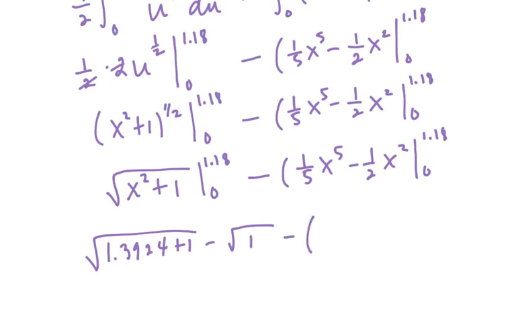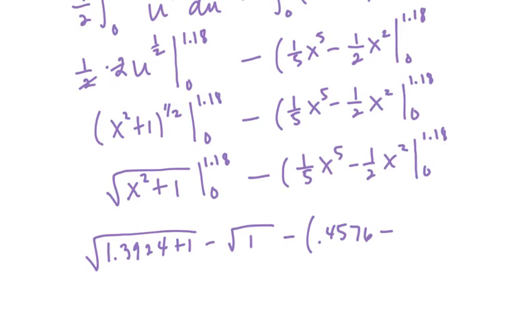Minus parentheses 1/5 times 1.18 to the 5th is 0.4576 minus 1.